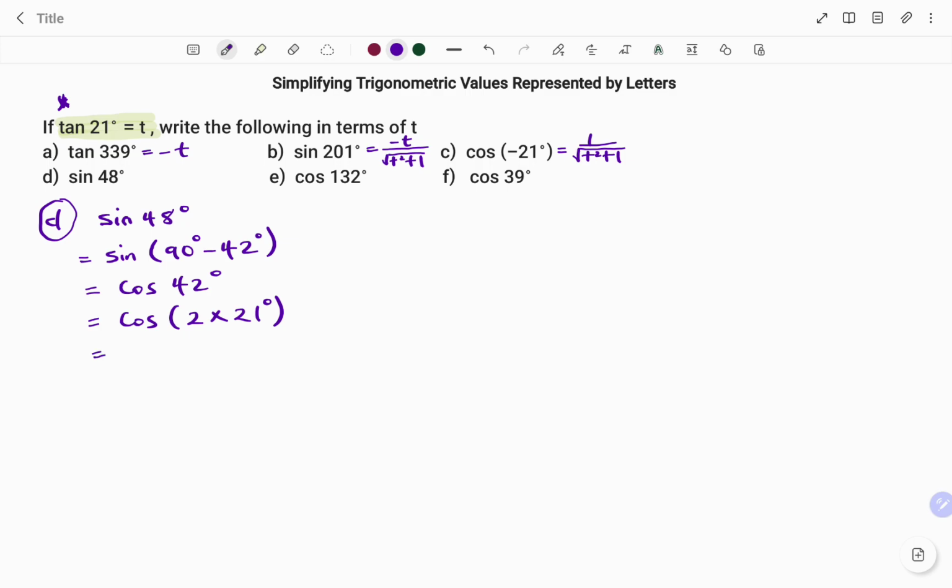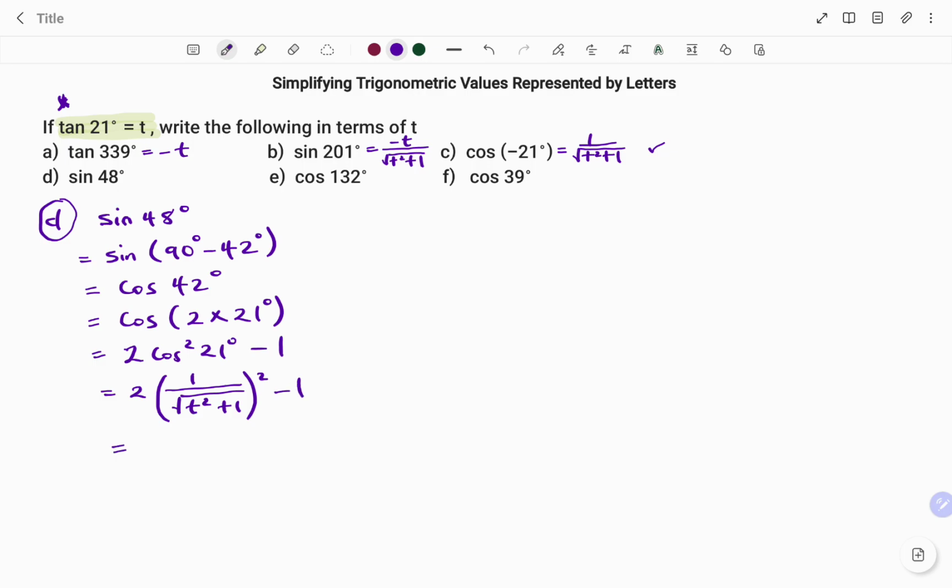And using the double angle identity, I have that as 2 cos squared 21 degrees minus 1. We already have the value of our cos 21 degrees from the previous question. So that's 2 times, I'm going to put that in a bracket, 1 over root of t squared plus 1 all squared, because it's 2 cos squared 21 minus 1.